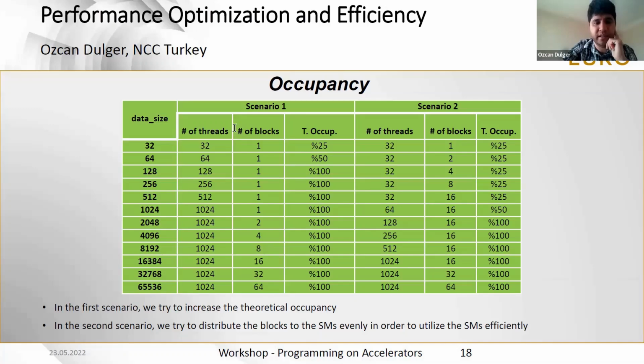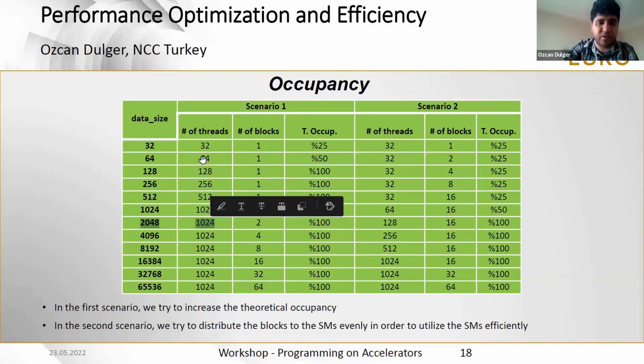Let me show you again here. The data size starts from 32 up to 2^16. And in the first scenario, we set the number of threads per block to data size until data size becomes 2^11.